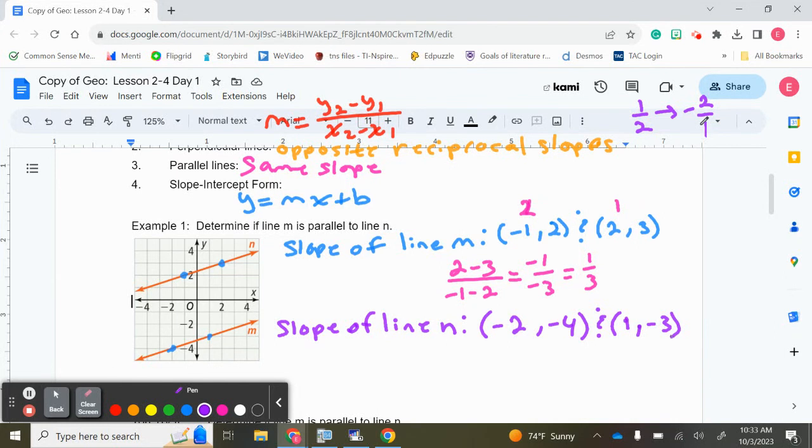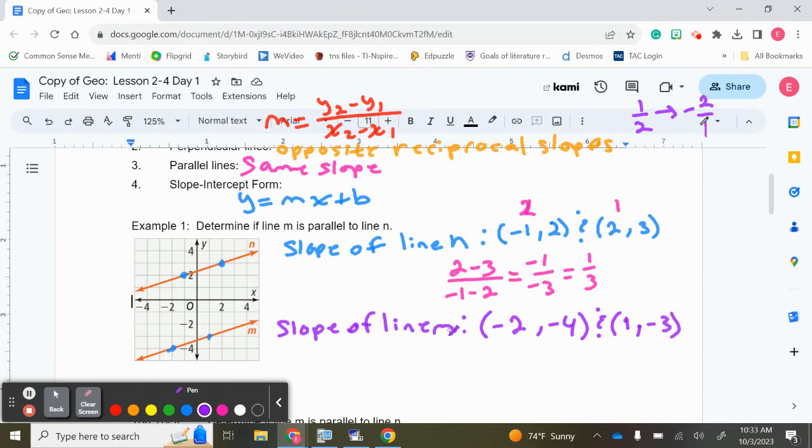Now I did make a smidge of an error here. Nothing huge. This was actually line N, and this is actually line M. Sorry about that. There we go.